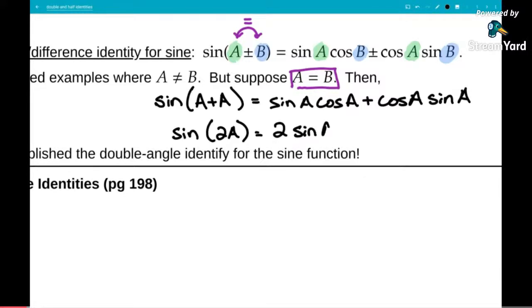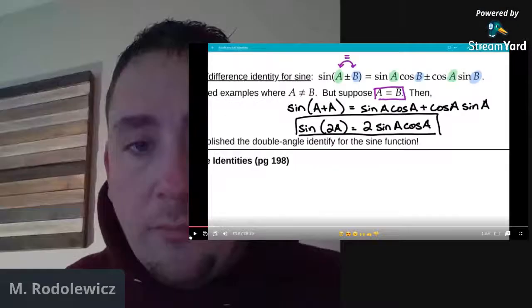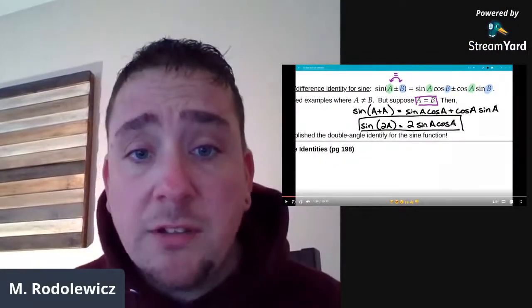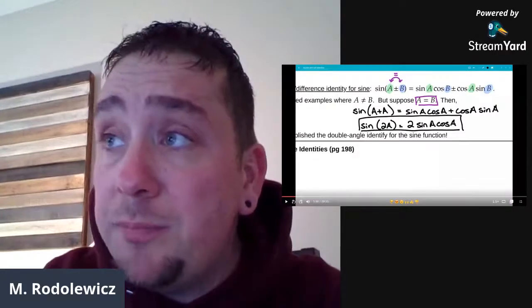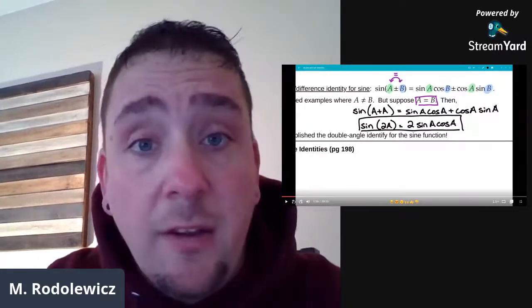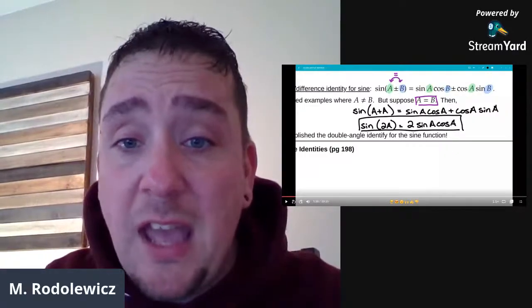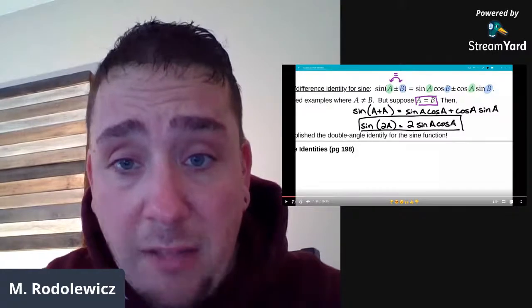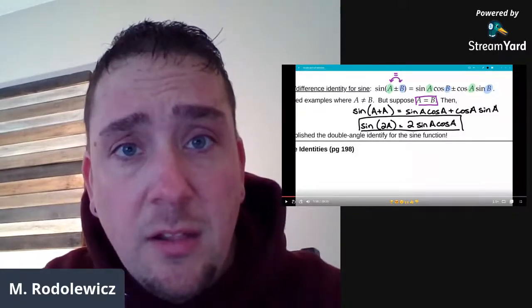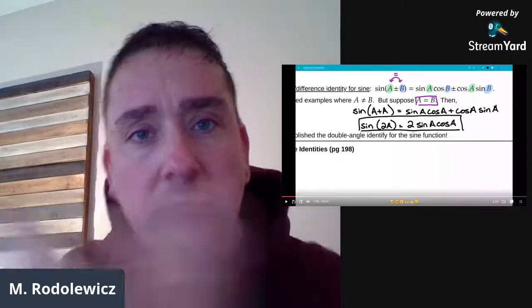And on the right-hand side, you have sine A times cosine A, and then plus cosine A sine A. I really want to focus on that last term, cosine A times sine A. Multiplication, you can switch the order, right?